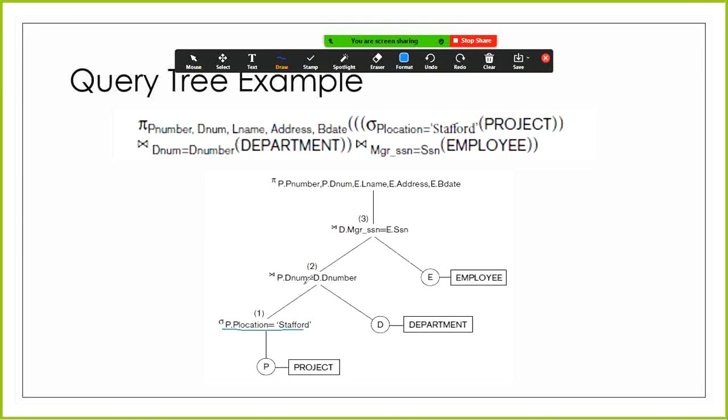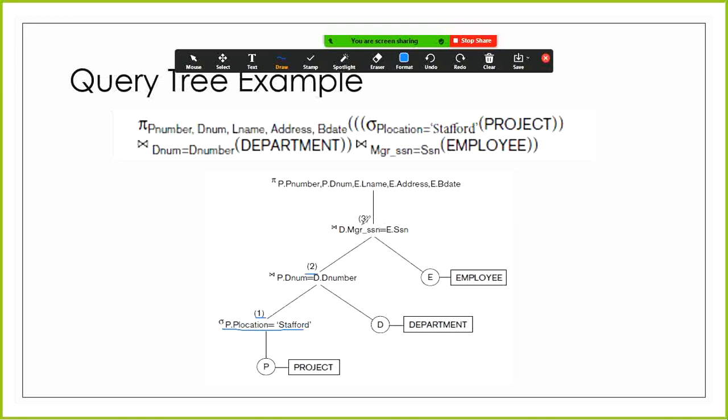Now in order to execute this two operation, we need the result from one operation. The one operation needs to execute first before executing the two operation, because we are using the result of one operation in two operation.